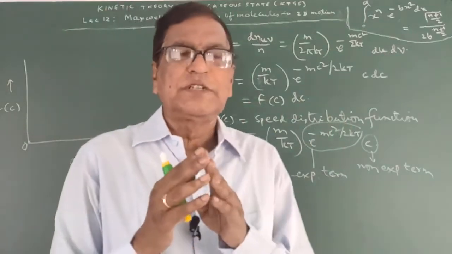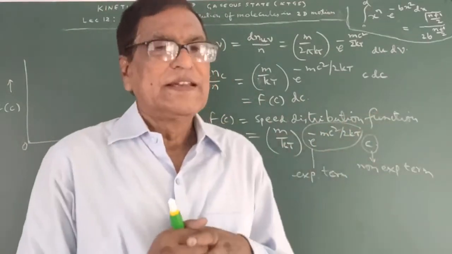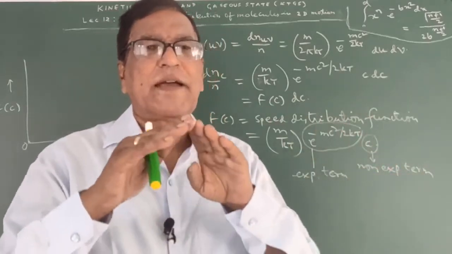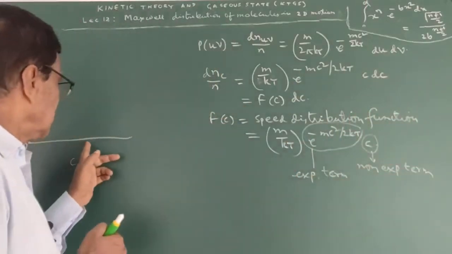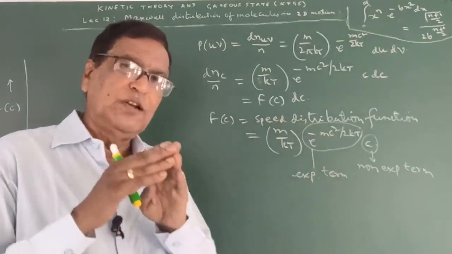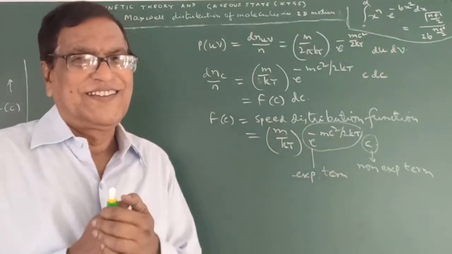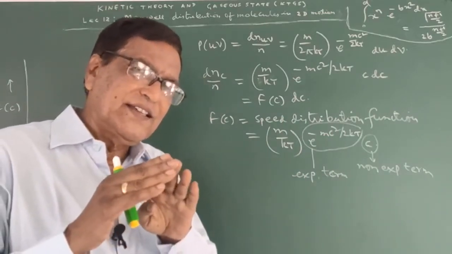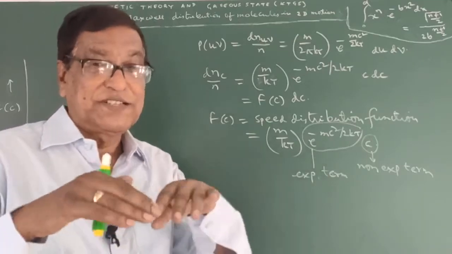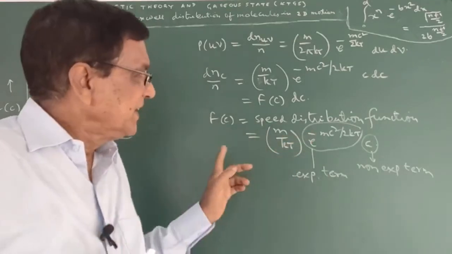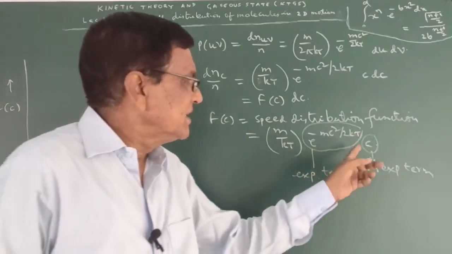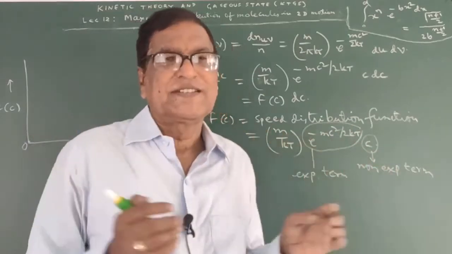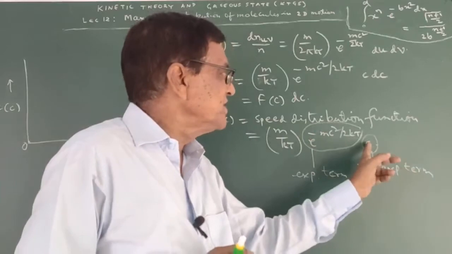So whenever the speed is low, this non-exponential term will dominate. And when c has a larger value, this exponential term will play the dominant role. Then you see, unlike the 3D motions, as you have seen earlier, here in the case of two-dimensional motions it is not c square but it is c. In case of 3D motions, this non-exponential term contains c square.